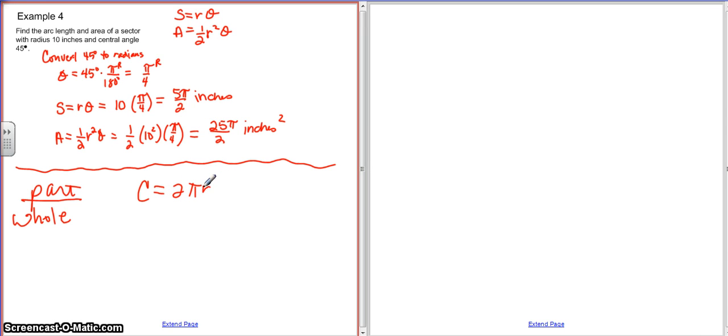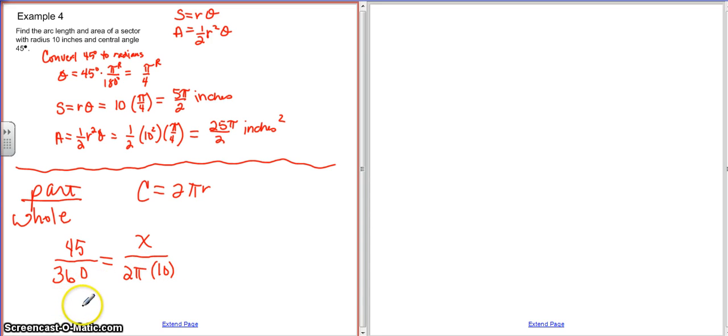So to show you that I don't need to use radian measurement with this, I'm going to use the 45 degrees. And I'm going to think of, for my length of the arc, my part of the degree is 45 degrees over all the way around a circle is 360. So that would be equal to the part that I'm trying to find, this is the length of the arc, over 2 pi r. So that would be 2 pi times 10.